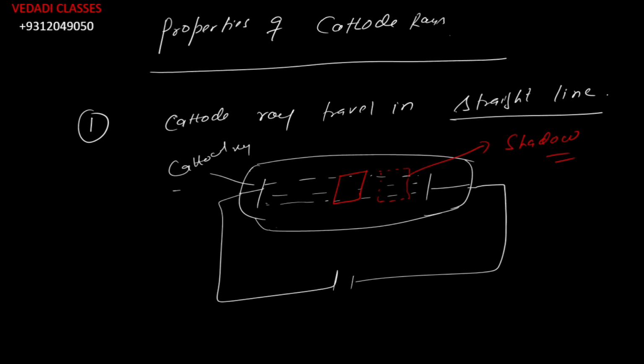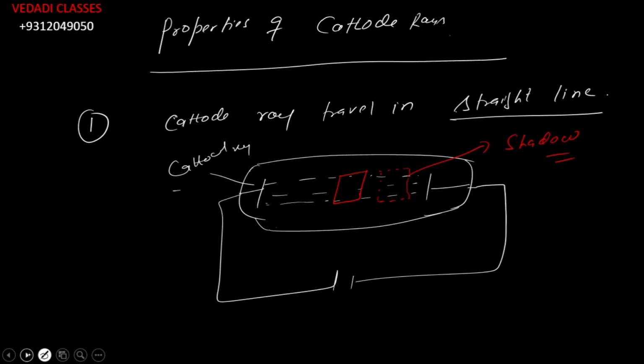When the light comes from the front, then it always makes a shadow. So this experiment proves that when you put some obstacle in the path of cathode ray, then a shadow is formed. It proves that cathode rays travel in a straight line.